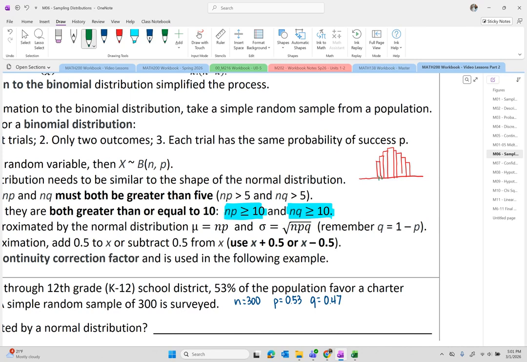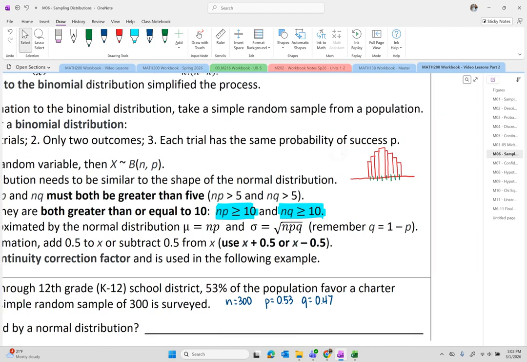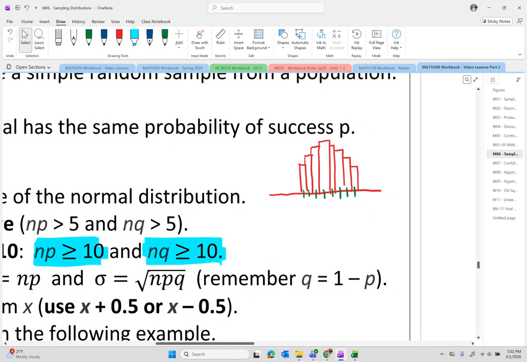So if I have these discrete values of my variable and the rectangles in the binomial probability are centered over x, if I want to, let's say, calculate the probability of being greater than a particular value, let's say this one, then I will not include this rectangle, but I will include the next rectangle and everything else to the right. If I want it to be greater than or equal to a particular value of the variable, I would include the rectangle of the variable and then everything to the right.